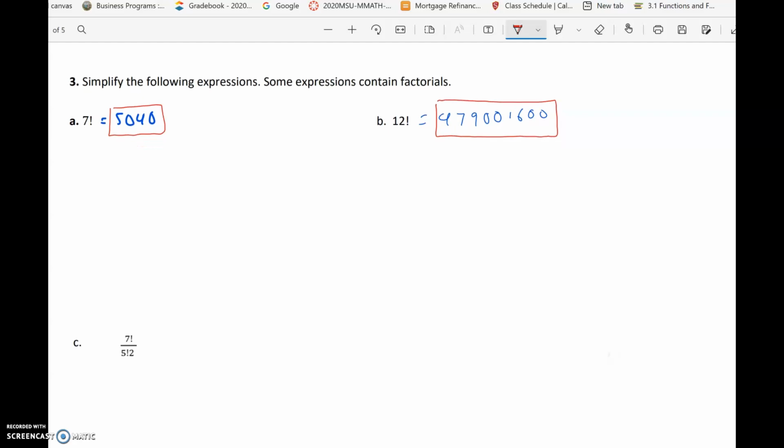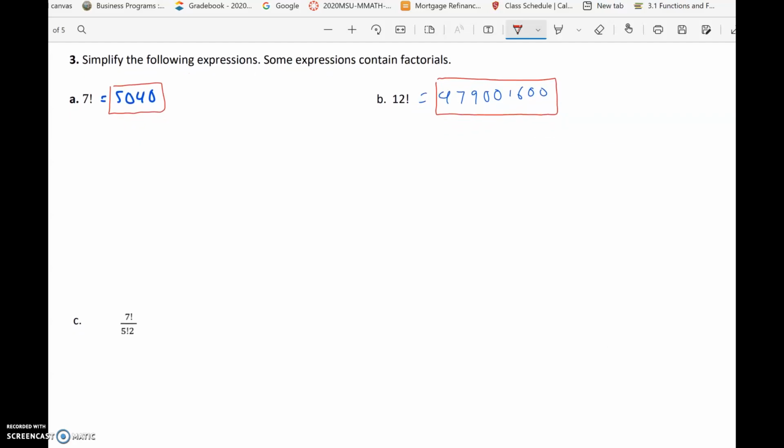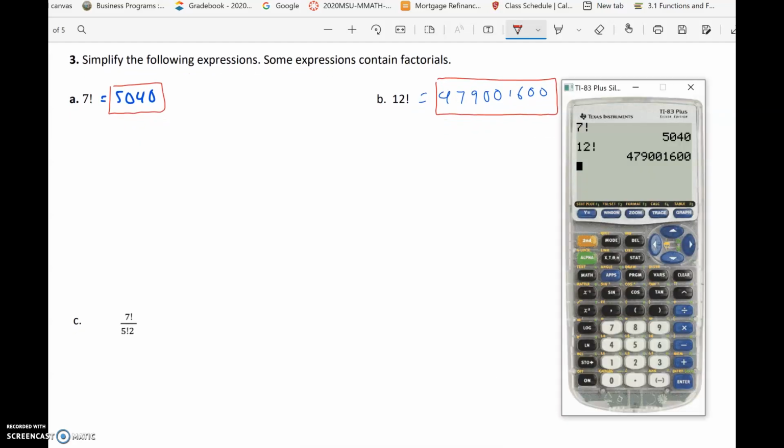Now, the next evaluation, which is problem C, it's going to be a little bit messy because we need parentheses at the bottom. So we're going to evaluate it as follows. You have a 7 factorial, and then divided by, and also this is 5 factorial.